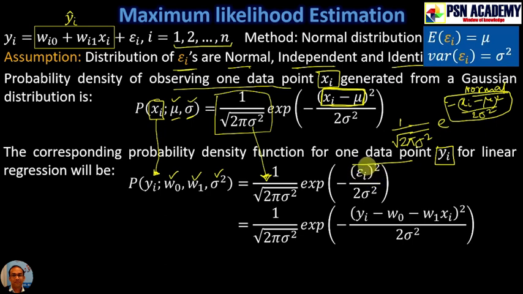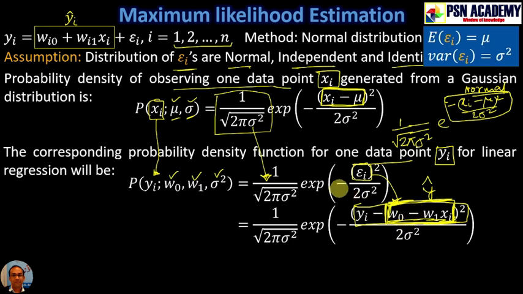And the meaning of this epsilon i is this: yi minus w0 minus w1 xi whole squared. Now this part is actually y hat, right? So yi minus y hat whole squared, and this division will be minimized.